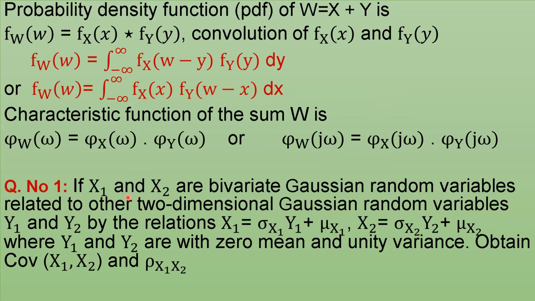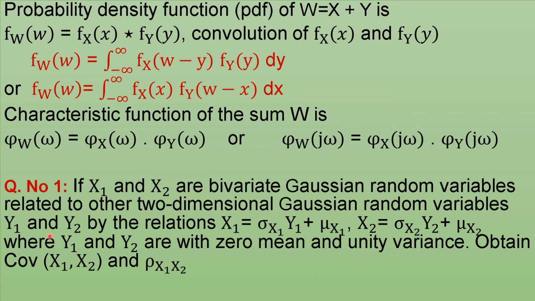Now the exercise question. If X1 and X2 are bivariate Gaussian random variables related to other two-dimensional Gaussian random variables Y1 and Y2 by the relation X1 is equal to sigma X1 into Y1 plus mu X1, X2 is equal to sigma X2 into Y2 plus mu X2, where Y1 and Y2 are with zero mean and unity variance.